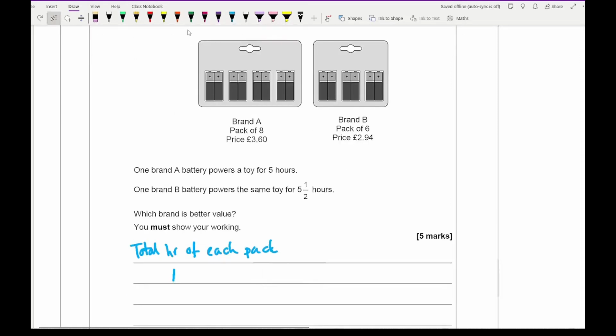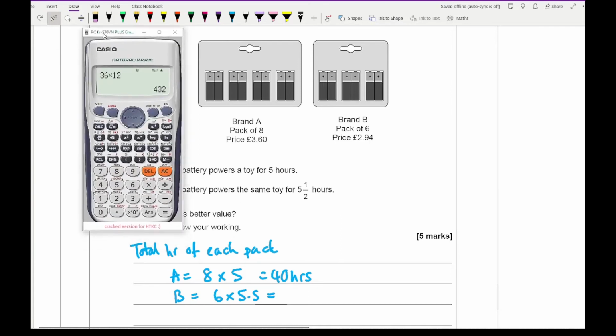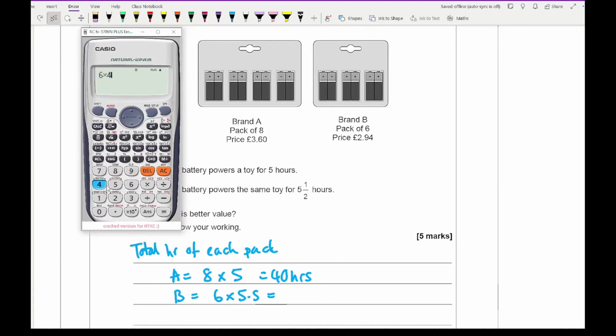So here we've got A is going to be 8 times 5, which is 40 hours. And then for B, we get 6 times 5.5, which I type into my calculator and get 33.